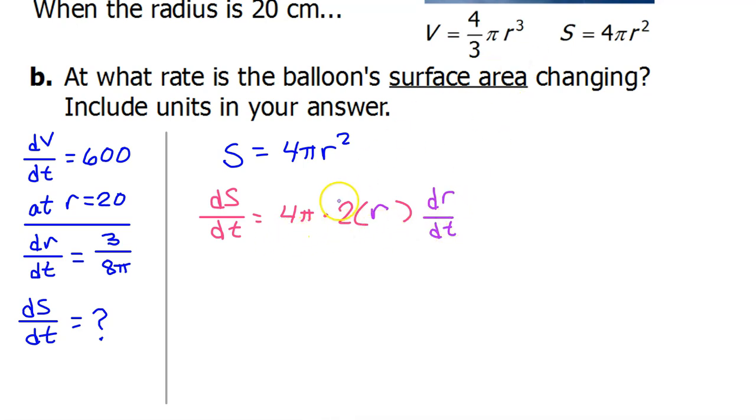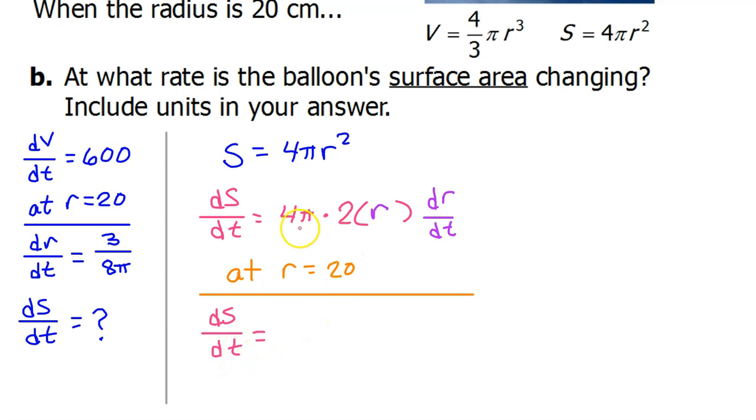So do not simply start plugging things in like the 20. We need to indicate that we are about to plug things in by saying at r equals 20. And now we can plug in the stuff. So we are looking for dS/dt, so that's nice that that is already over here by itself. This is 8 pi.